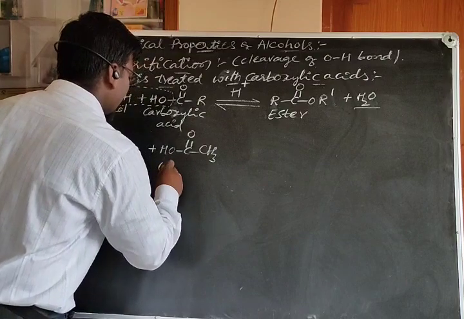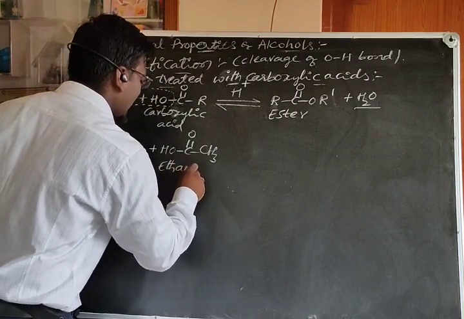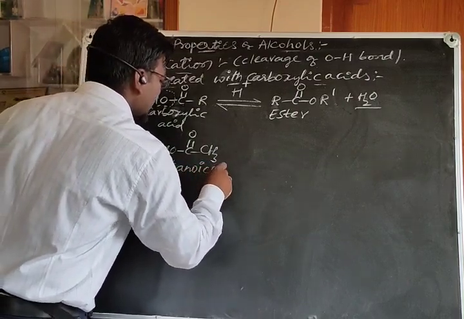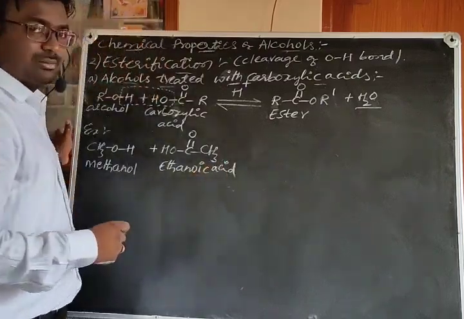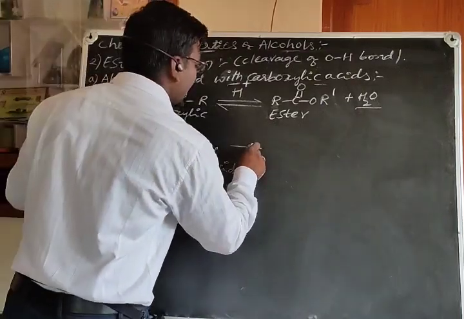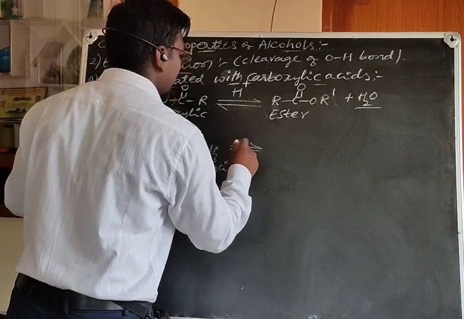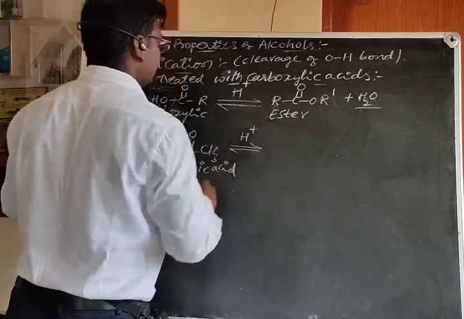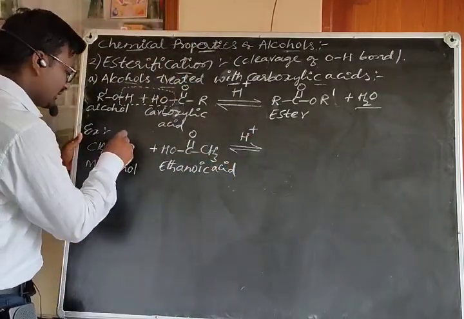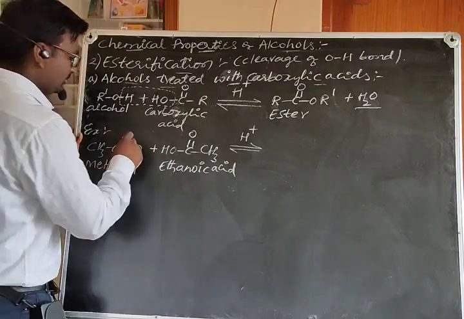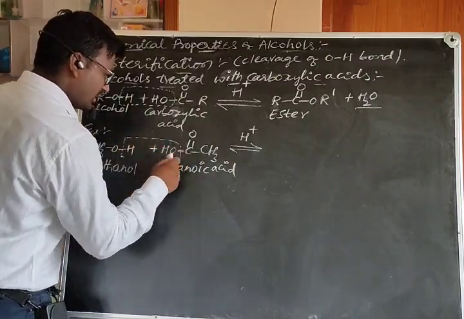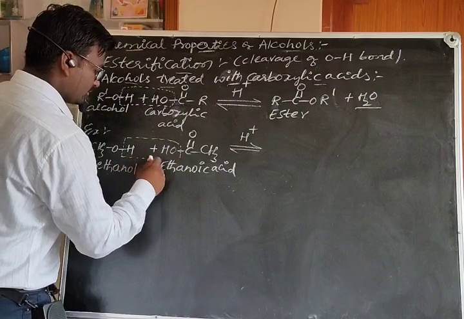We also call this ethanoic acid, which is the IUPAC name. This reaction takes place in the presence of an acid. And here you can see the cleavage of the OH bond, and in this case we can see the cleavage of the CO bond.